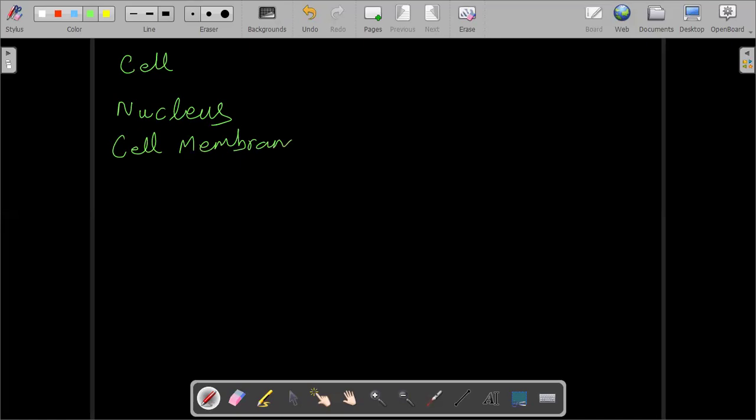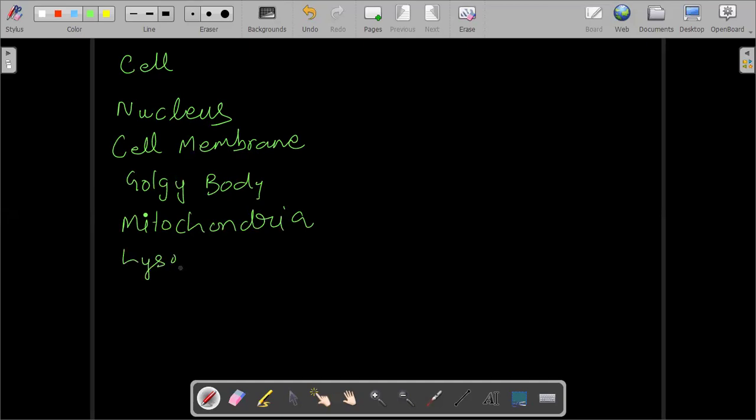Then we will do the other cell organelles, like the Golgi body, mitochondria, lysosomes, and ribosomes. We'll see all these.